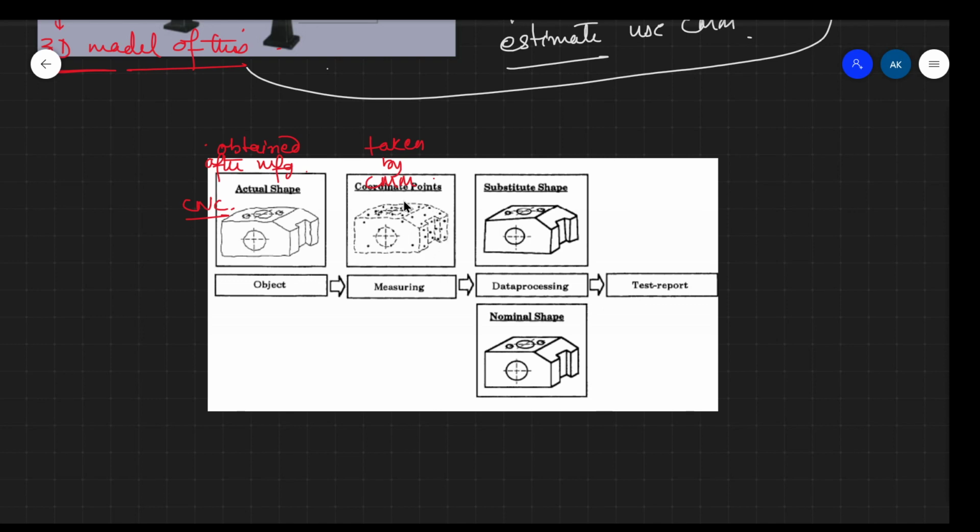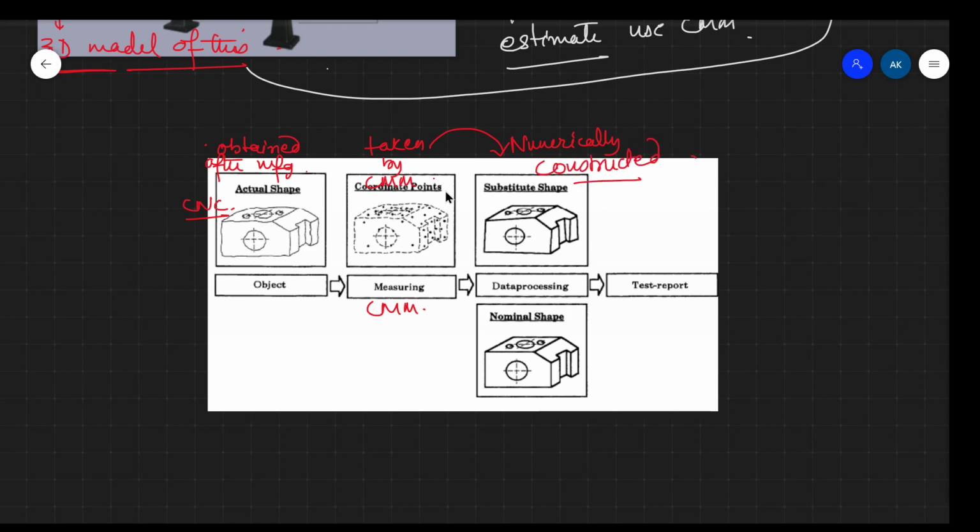Then numerically constructed surfaces are made by the computer. This is made by the CMM. These points are attached to the surface, and then it is made into substitute shapes. This is your numerically constructed shape.